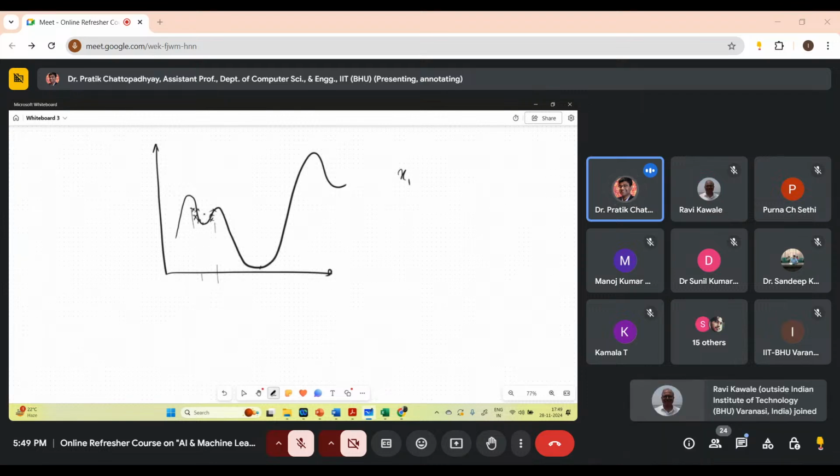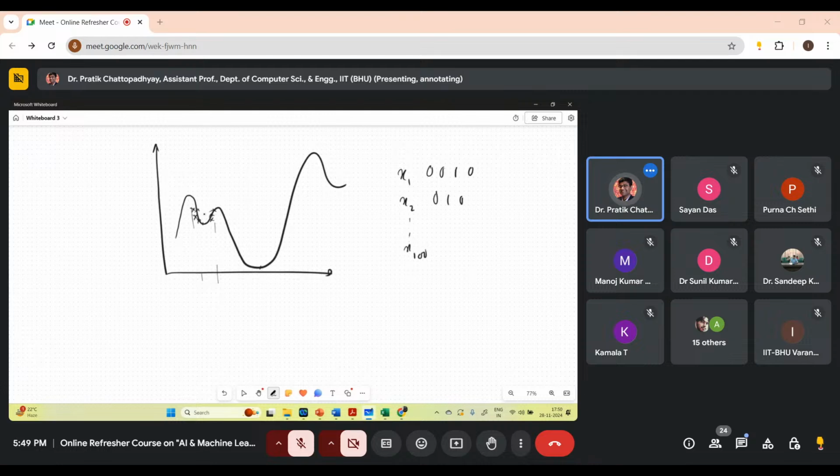Another way we can think of it: x1, x2, we have a lot of solutions, say 100. Say all the starting bits have become 0, like 0001, 001, 0 and there are other bits also. So starting bits are 0 always, and if you convert into decimal, they all lie in the lower range.